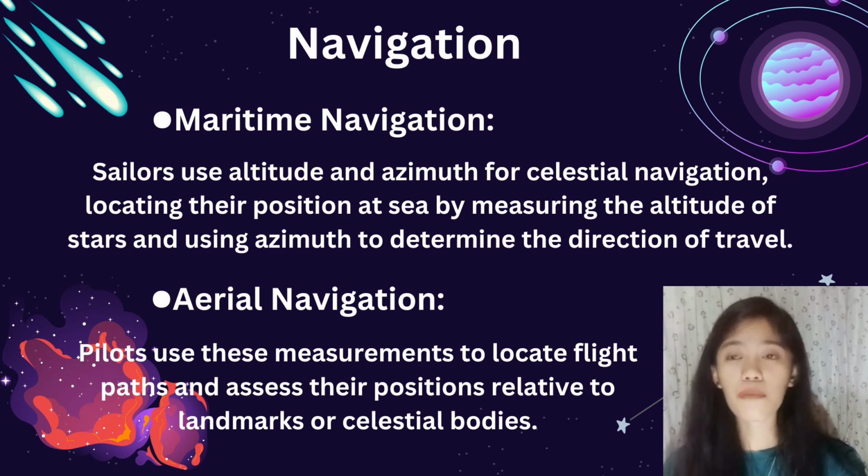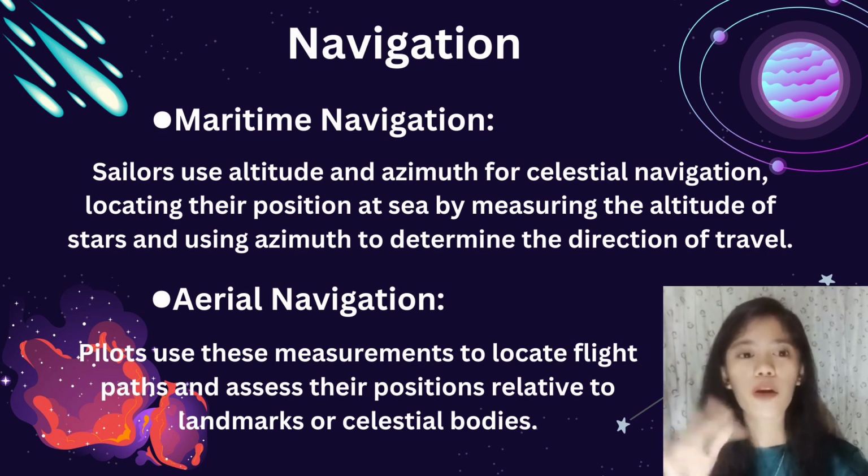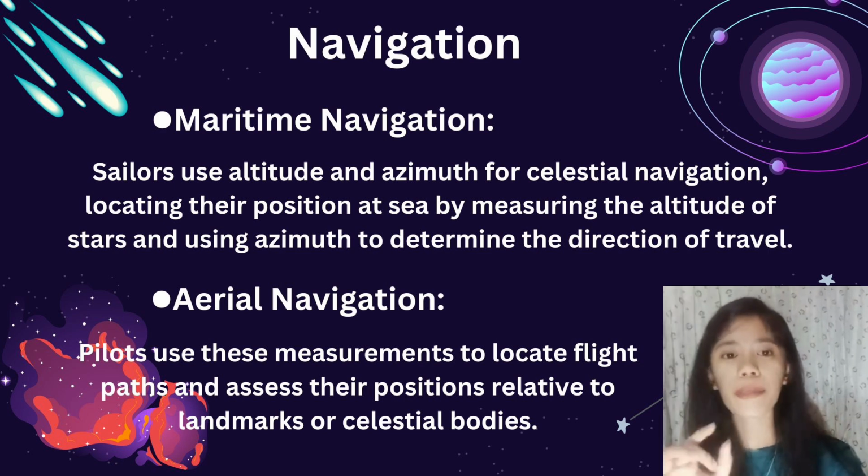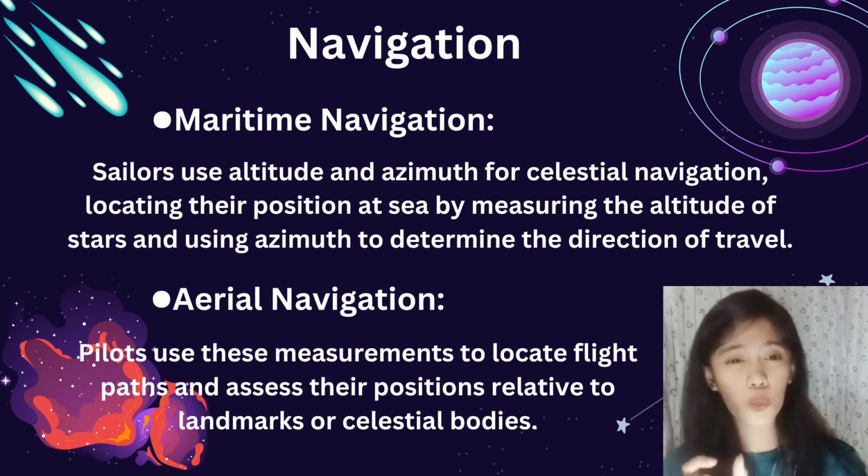They are also used to avoid turbulence during flights, and for waypoints, if you are familiar with those, like specified coordinates from the tower to the pilot using azimuth, to navigate from their current positions to the next waypoint, meaning adjusting for wind direction and speed to correct their course as needed.